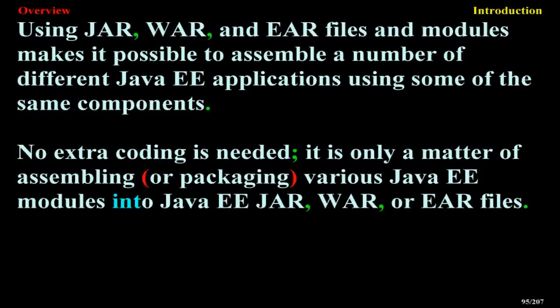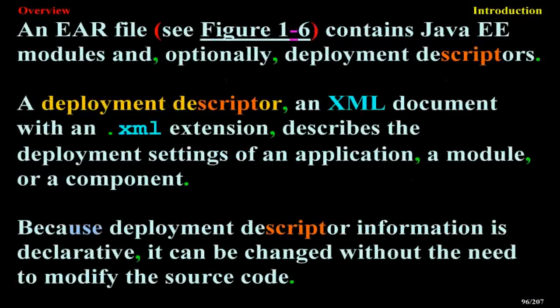It is only a matter of assembling or packaging various Java EE modules into Java EE JAR, WAR, or EAR files. An EAR file, see Figure 1-6, contains Java EE modules and, optionally, deployment descriptors. A deployment descriptor, an XML document with an XML extension, describes the deployment settings of an application, module, or component.